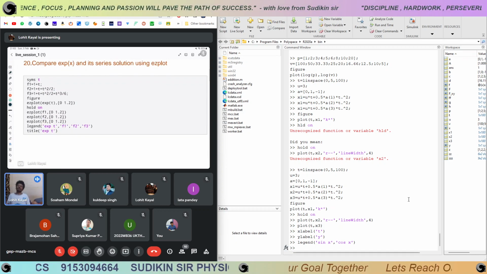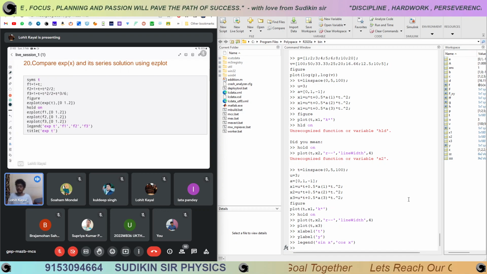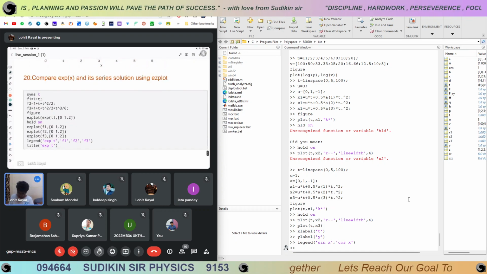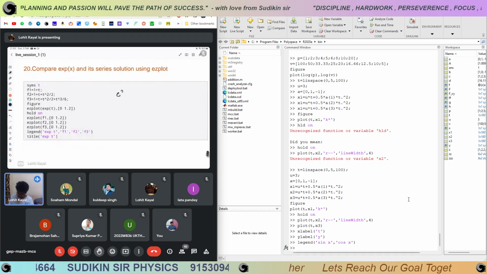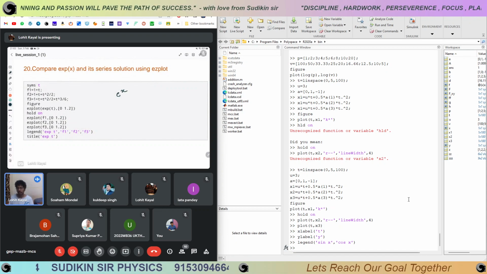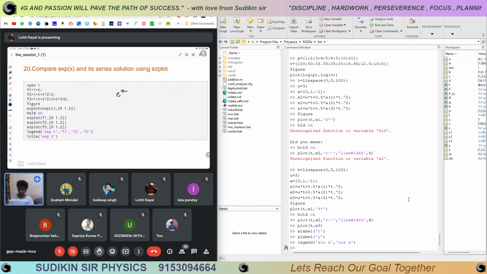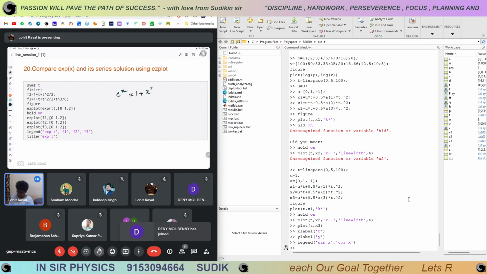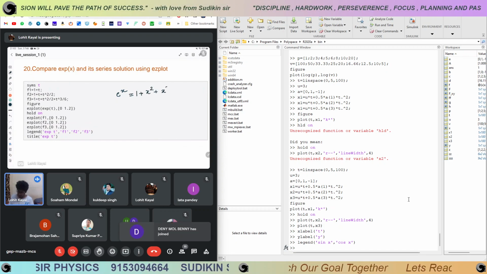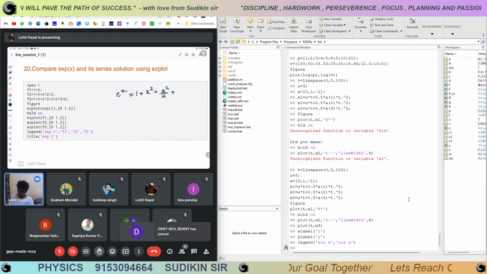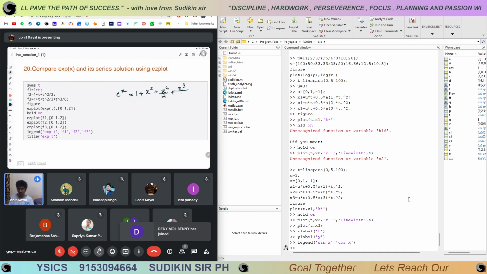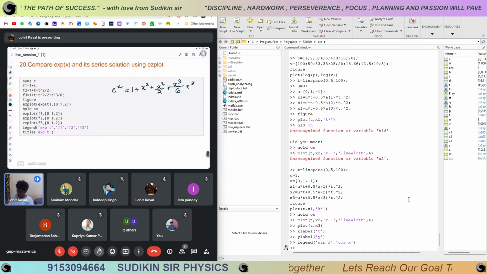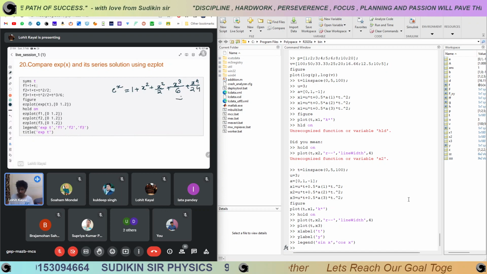So this is another mathematics exercise, and I will end it by showing again ezplot. We all know the series expansion of e to the power x, or exponential of x. That is 1 plus x plus x square by 2 plus x cube by factorial 3, that means 6, plus x to the power 4 by 24 plus dot dot dot.